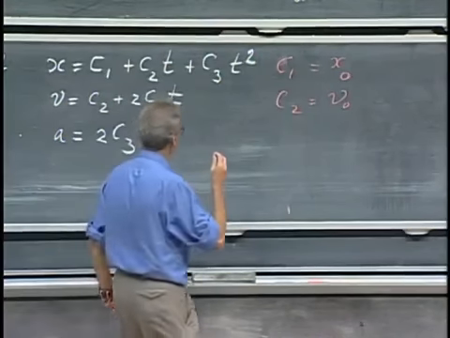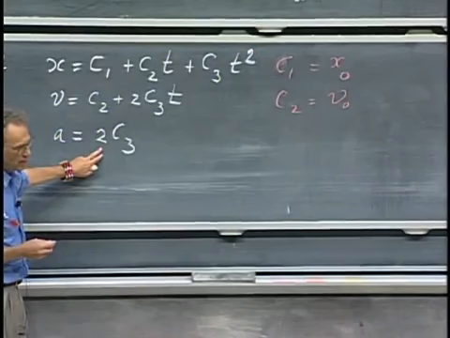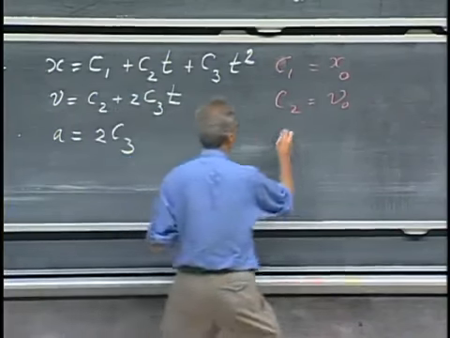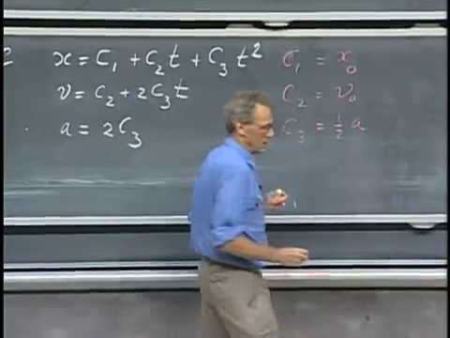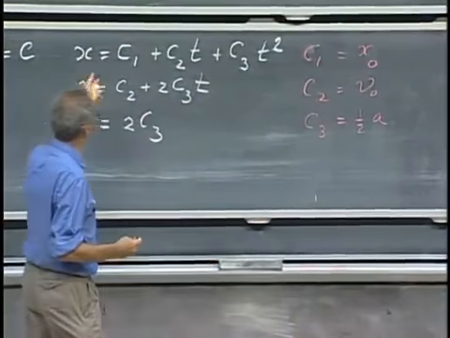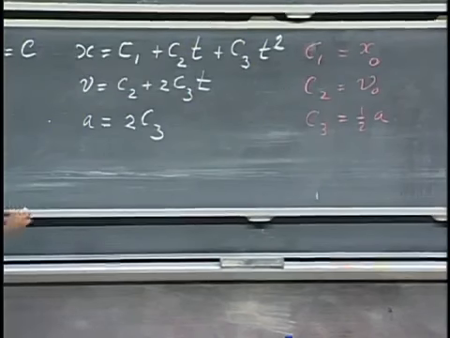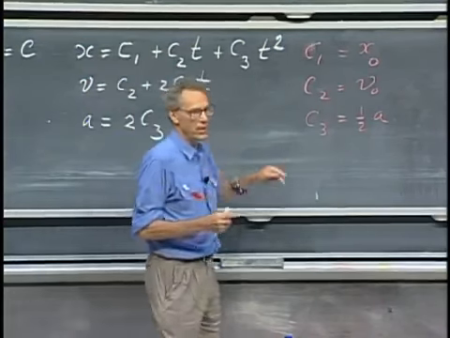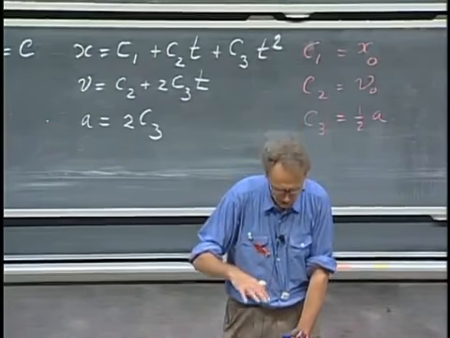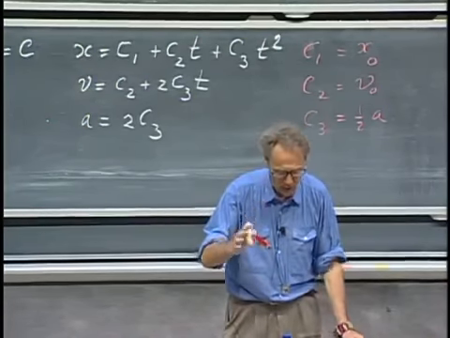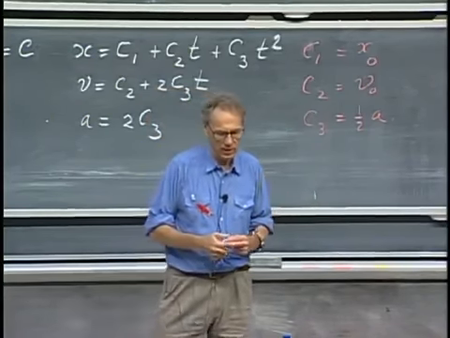And the acceleration is not changing with time, it is 2c3, therefore c3 is half the acceleration. So this gives you some insight in the meaning of these quantities, and you can now read some physics in there. c1, c2, and c3 can independently be either 0 or larger than 0 or negative. Makes no difference. Each one of these combinations is a valid possibility in physics.